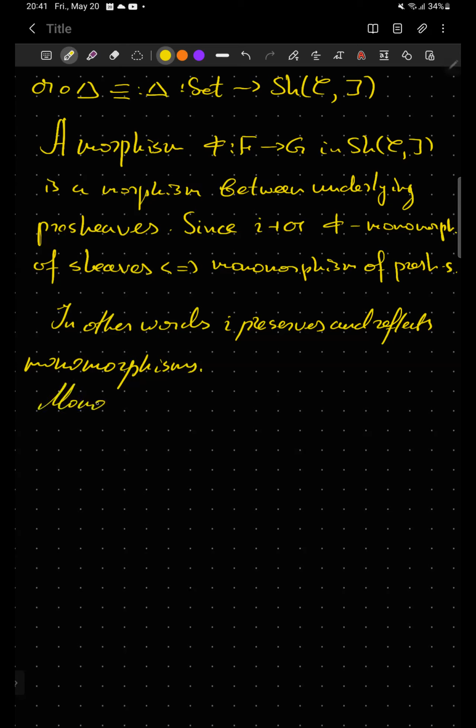However, for monomorphisms of pre-sheaves, we have a very concrete description.